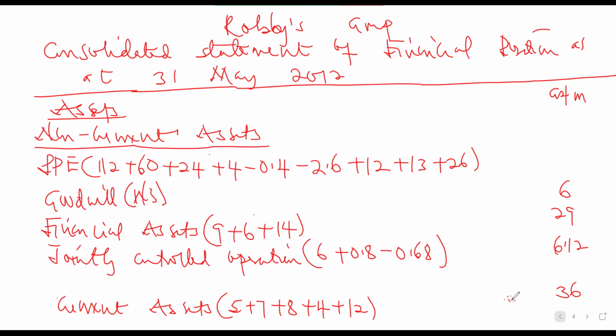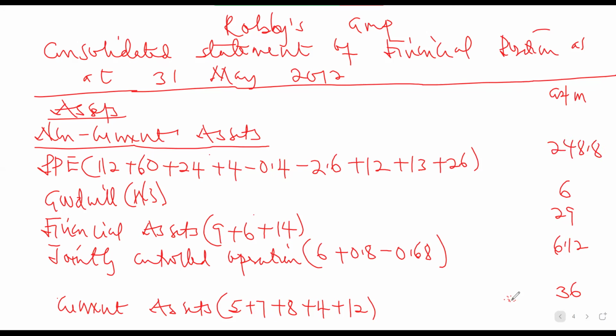So 5 plus 7 plus 8 plus 4 plus 12, 36. The PP is how much? 11, 2 plus 60, 248. 2 plus 4, 3.4 minus 2.6 plus 12 plus 13 plus 26. 248.8.